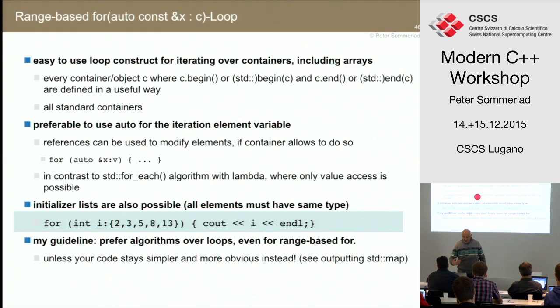And the trick is that the range for is specified by calling begin and end with the element on the right-hand side of the colon. Begin and end have standard overloads for all standard containers. They call the member functions if they are available. But there are also overloads in the standard namespace that work for arrays. So a plain array you can use there, even though I recommend that you stop using plain arrays and use std array instead.